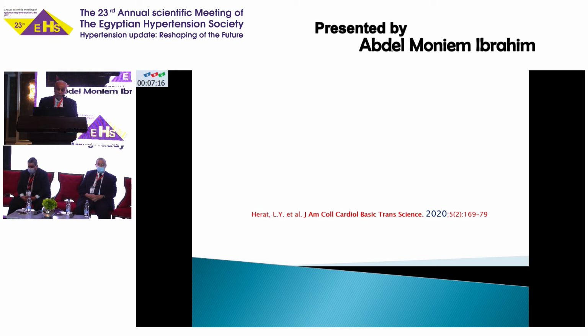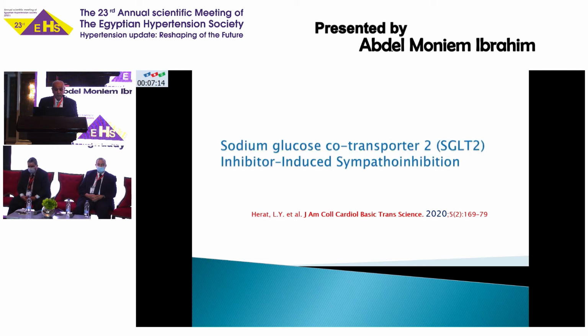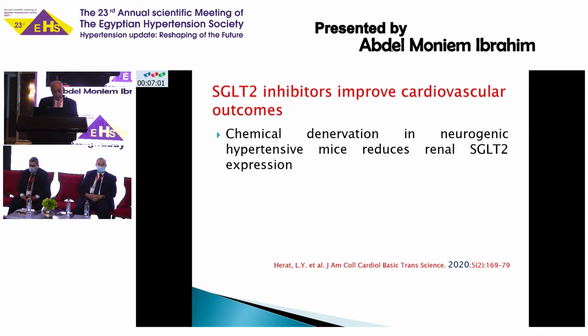Recently, in 2020, sodium glucose cotransporter 2 (SGLT2) inhibitor induced sympatho-inhibition. Chemical denervation in neurogenic hypertensive mice reduces renal SGLT2 expression.